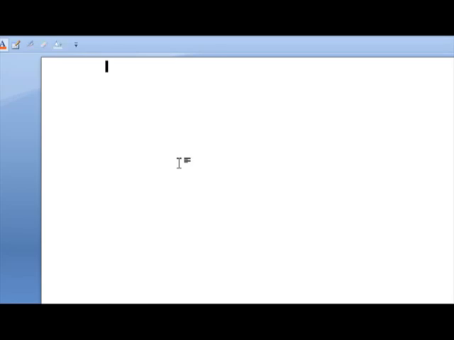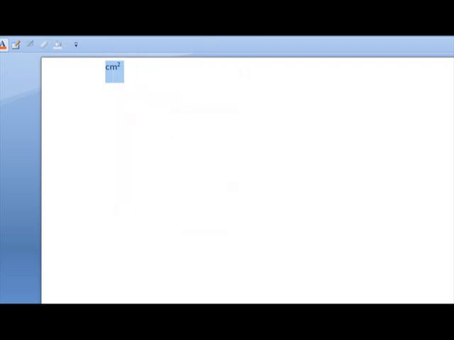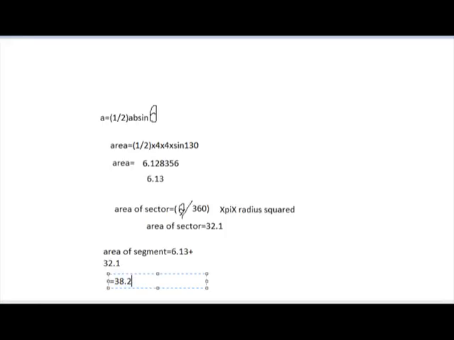So we want units of centimeters squared, like that. There you go.